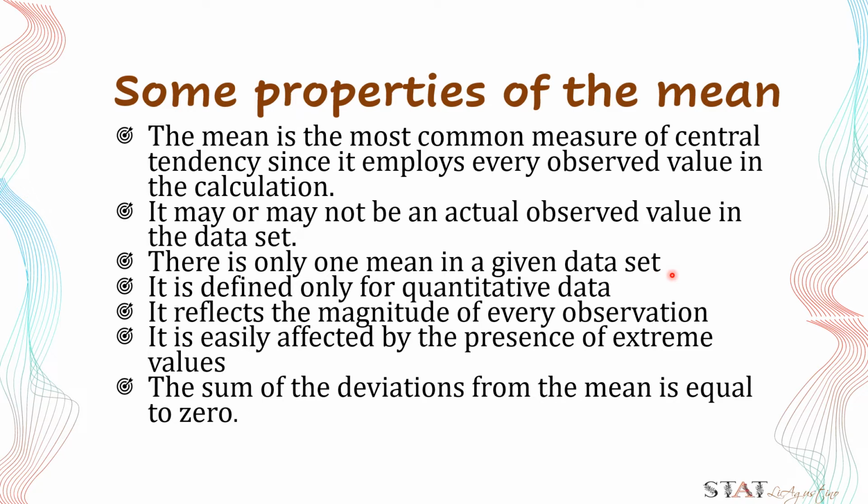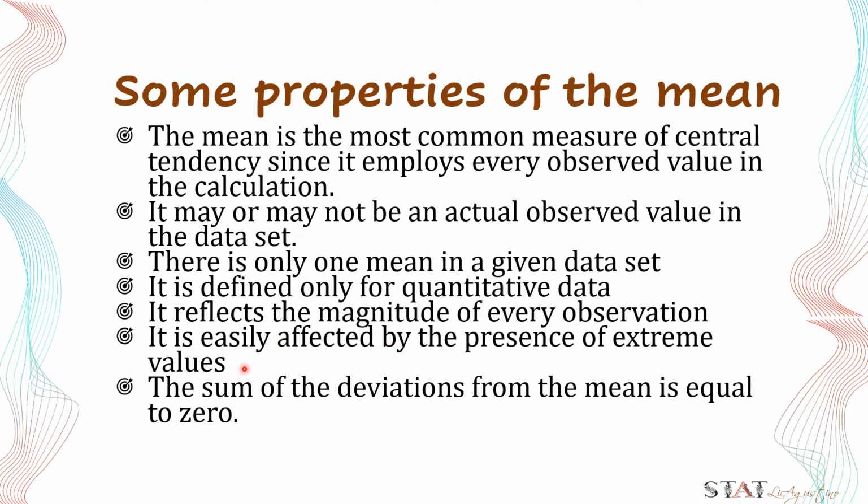So remember that there is only one mean. It is defined only for quantitative data. And I believe you understand this quantitative data, the numerical data. And it reflects the magnitude of every observation.